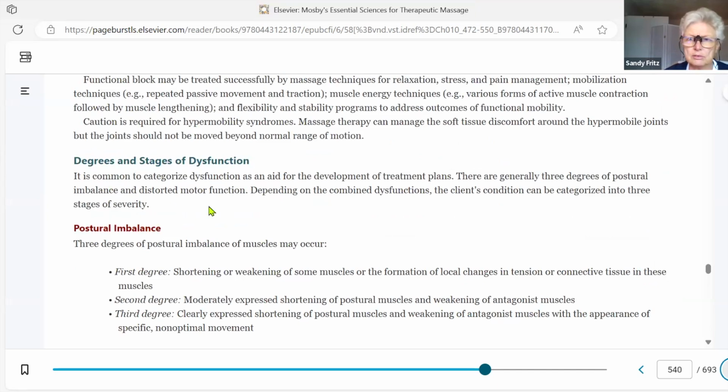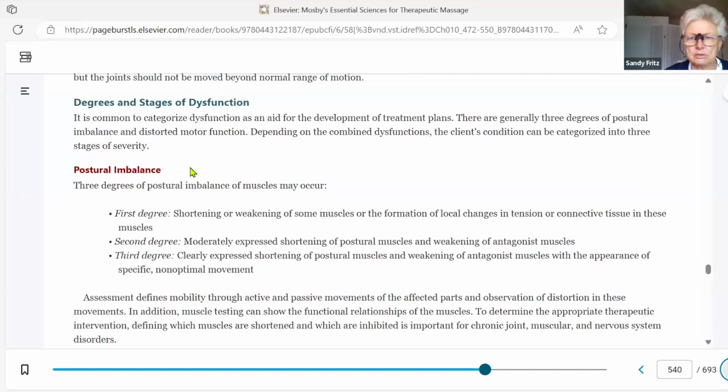With musculoskeletal dysfunction, unless there is an injury, the biomechanics of it is usually progressive. So this is going to describe the progression: first degree, second degree, and third degree.